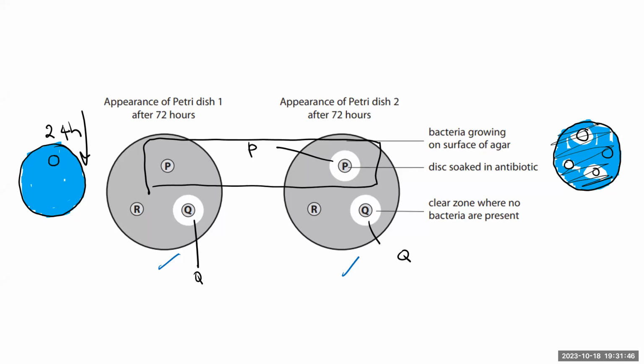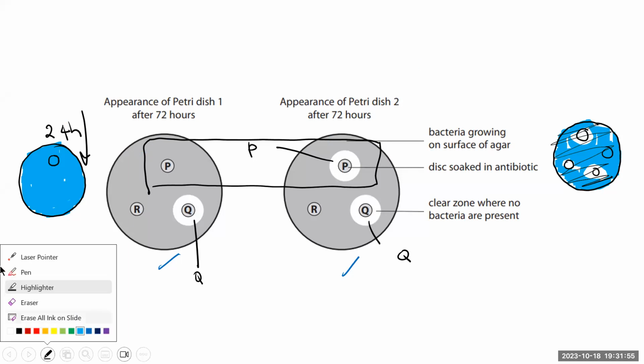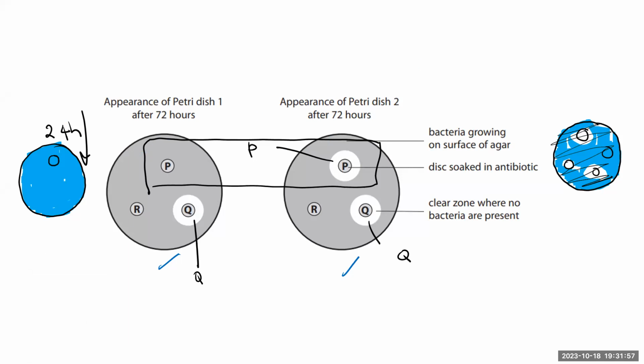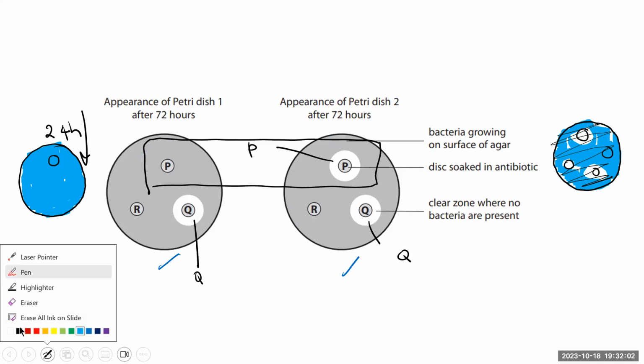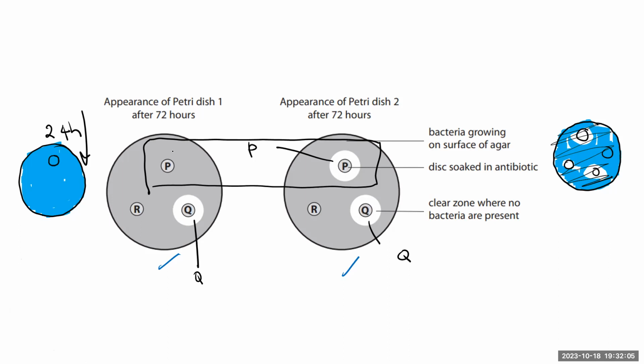Now, we discuss the result. I ask about these two, antibiotic P. If you bring the argument of antibiotic resistance, you're going to say P is resistant on dish 1, and P is not resistant on dish 2.